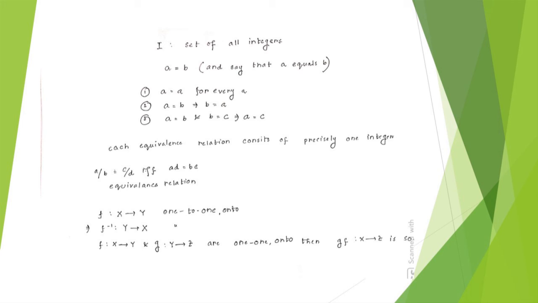These three properties together imply that the relation equal is an equivalence relation. And it's very obvious that each equivalence set consists of precisely one integer.